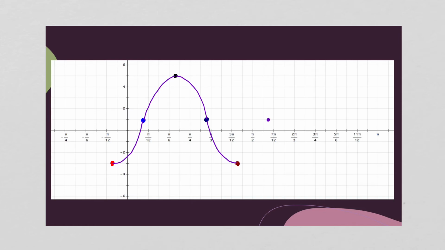There we go. But you have to have at least one period graphed. If you want to fill in the whole graph, that's great. And then go another 1, 2, 3, and up to 5. And then another 1, 2, 3, and back to 1.